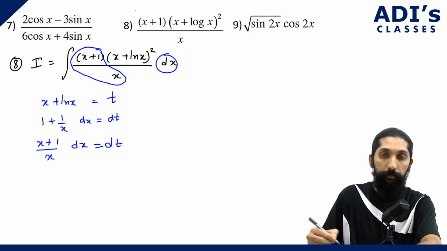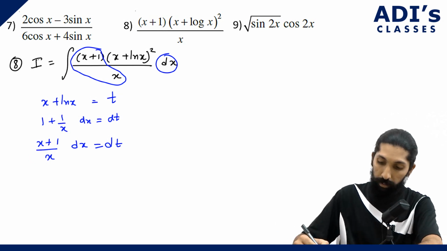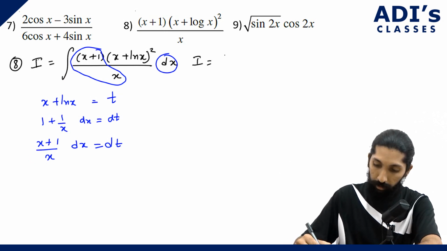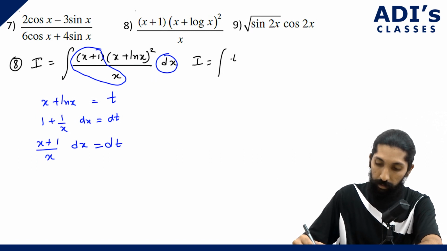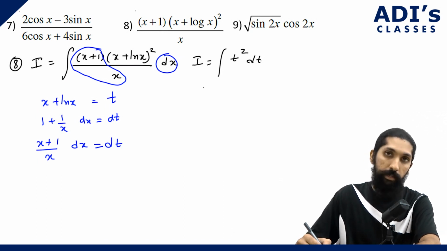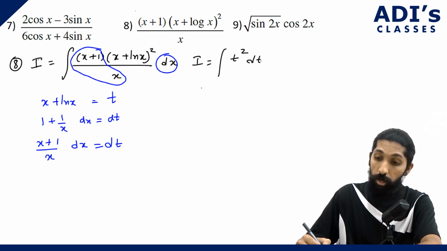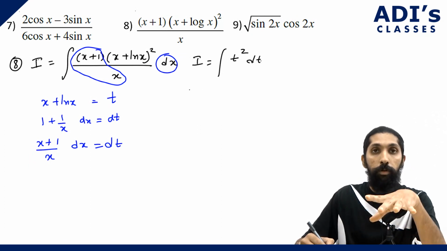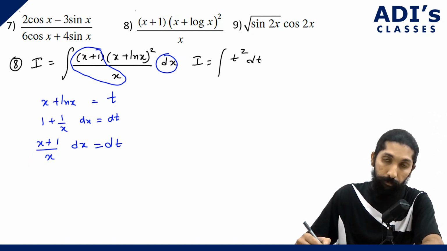See this x plus 1 divided by x dx. This is dt, right? So you will get I is equal to integral of t square dt. See here, denominator we did not take it as t. That's what I'm trying to tell you. Not every problem you are going to take denominator as t. Alright.